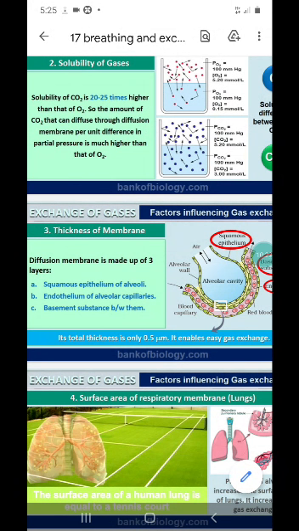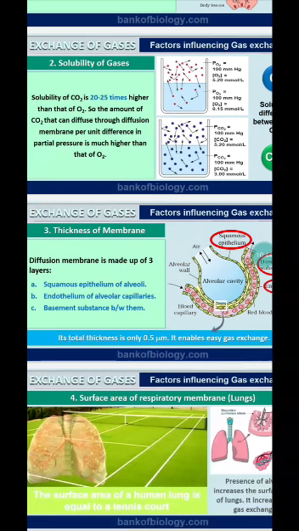Coming to the solubility of gases. The second aspect is solubility of gases. I told you, blood has more affinity towards carbon monoxide than CO2. Between oxygen and CO2, it has more affinity towards CO2.